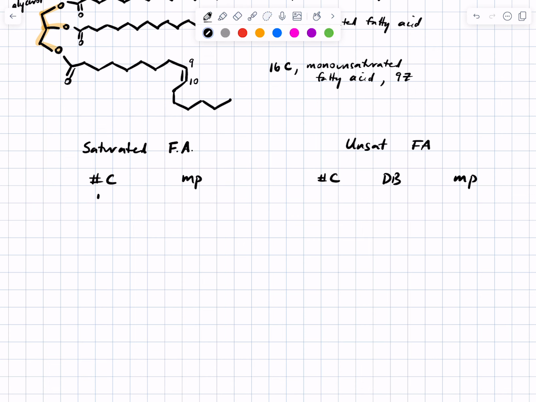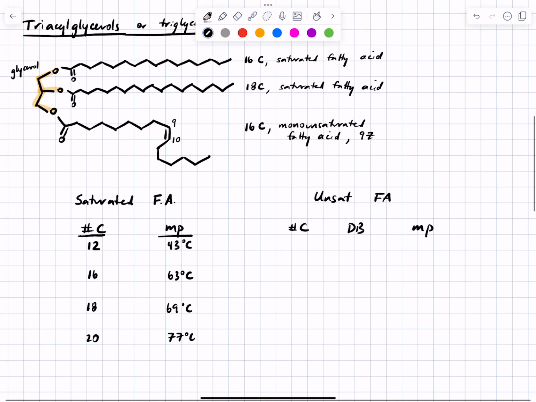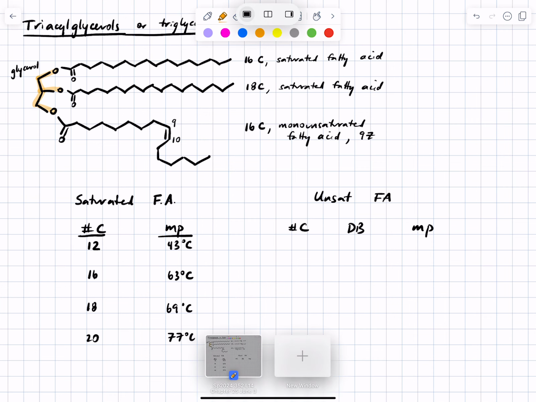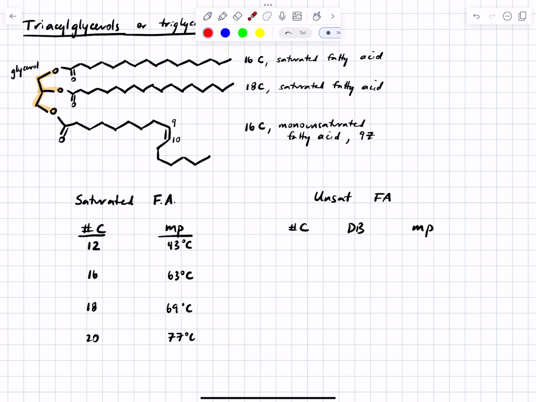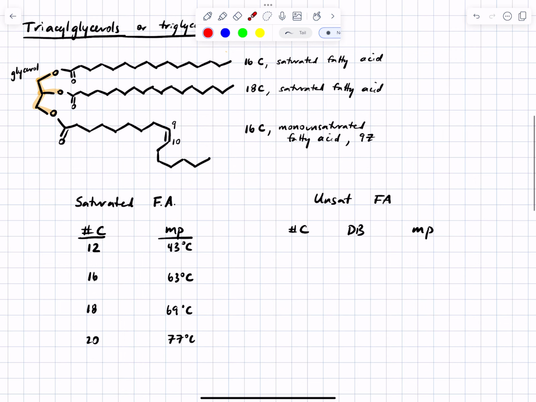So for saturated fatty acids, as we increase the number of carbons from 12 to 16 to 18 to 20, the melting point goes up dramatically. All of these fatty acids are solids at room temperature, but melting point increases dramatically as we add additional carbons. And the reason for that is, of course, straight out of chapter 3 in 351: the long chain hydrocarbon is able to engage in van der Waals or dispersion interactions with other long chain hydrocarbons.